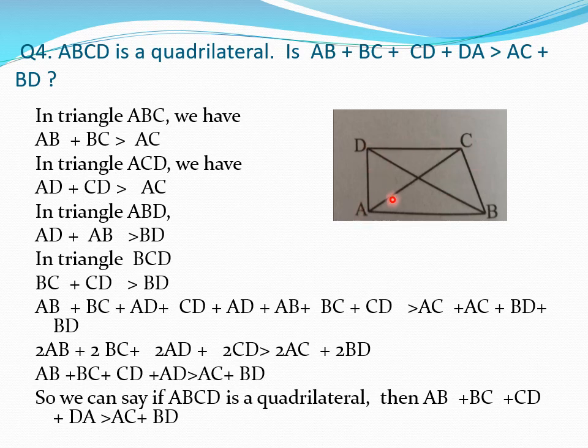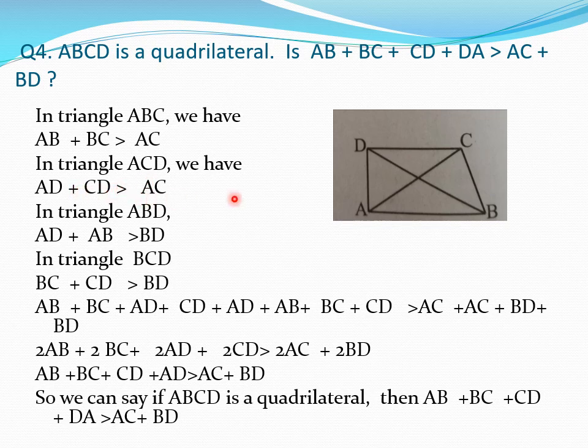So from these two triangles we can get the rule of sides of a triangle for proving this answer. So in triangle ABC, we can write AB plus BC is greater than AC. Here it is the first statement written. Secondly, in triangle ACD, AD plus CD, these two sides, are greater than the third side AC.